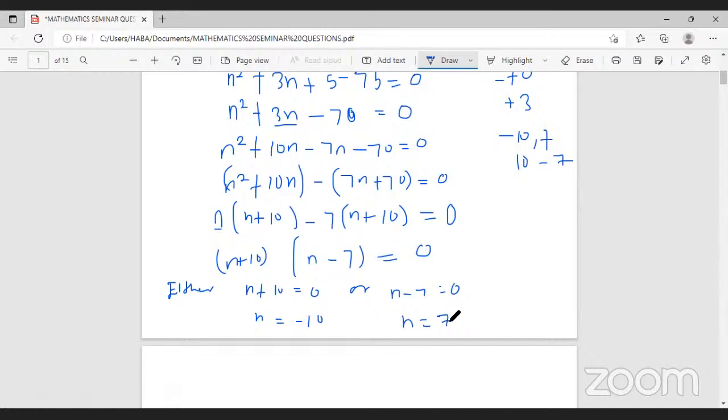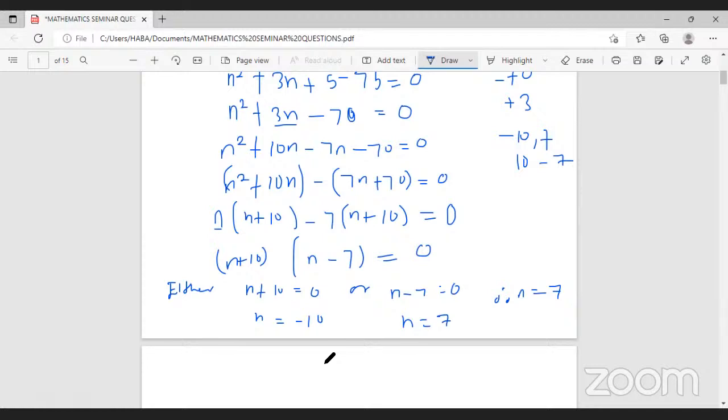So those will be the two values after solving our equation. But remember, n was the base. Do we have negative bases in math? No. So therefore, we are going to conclude and say our n is equal to 7.